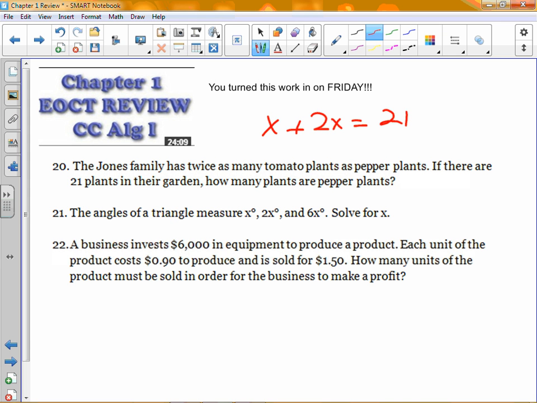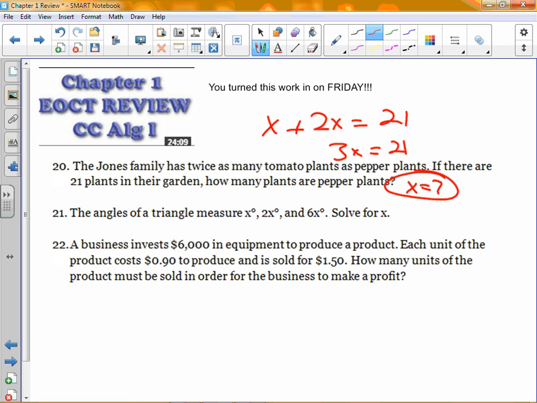So the pepper plants is X, the tomato plants is 2X. What most of us didn't do is add X plus 2X, the total of the two plants, and get 21. So that gives me 3X equals 21. So X is 7. And there was the answer that we were looking for.